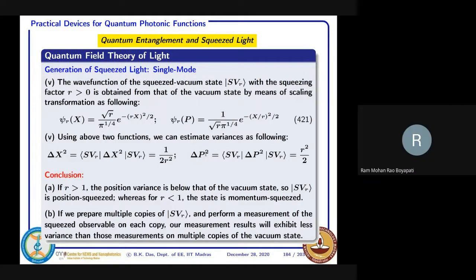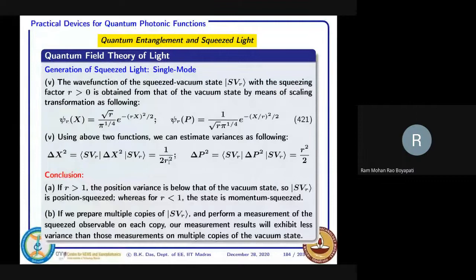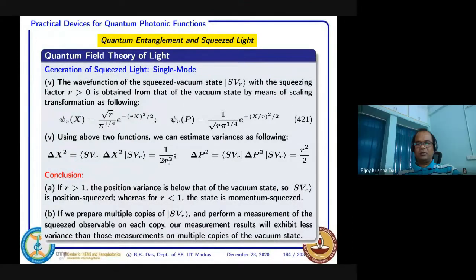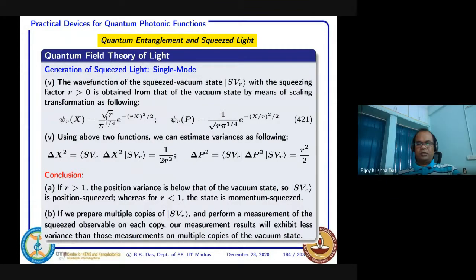Sir, I have one doubt. Delta x square has to be r square by 2, I feel. After calculation, it has to be interchanged, delta x square and delta p square, because r is up for the x.